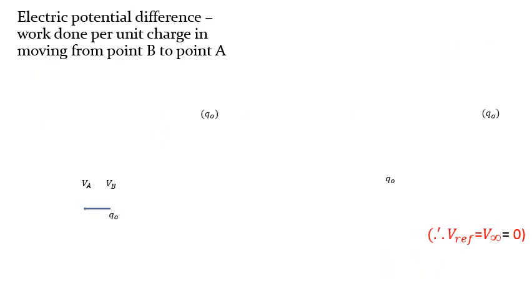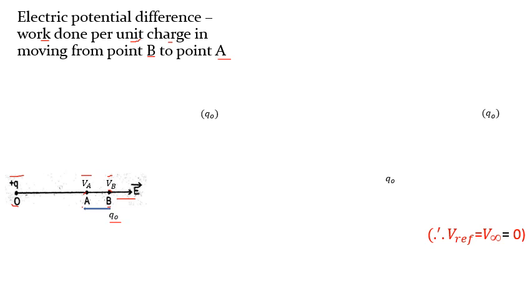Electric potential difference is nothing but work done per unit charge in moving from point B to point A. Now let us consider this point O at which a positive charge is kept. Electric intensity is in the outward direction. Here let us consider point B and point A, and to move the test charge from point B to point A, the electric potentials are VB and VA.